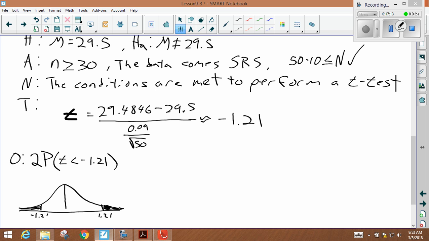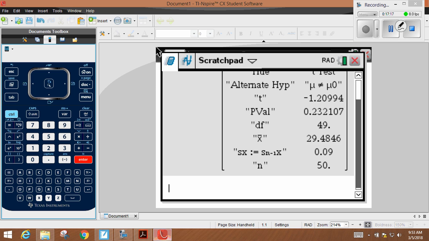That's fantastic. It turns out that we have a value for that already from our calculator, which is 0.232.